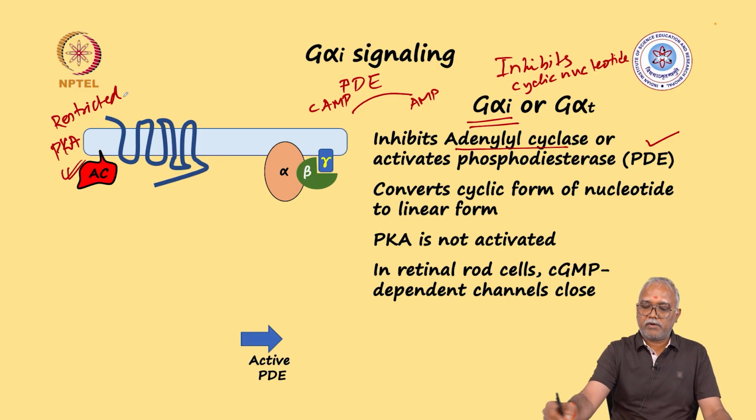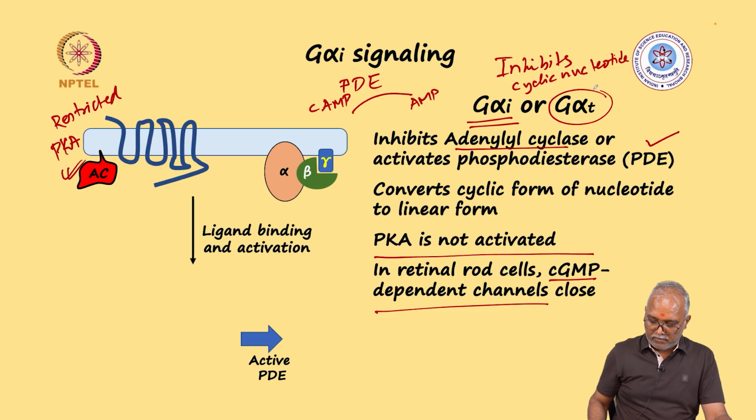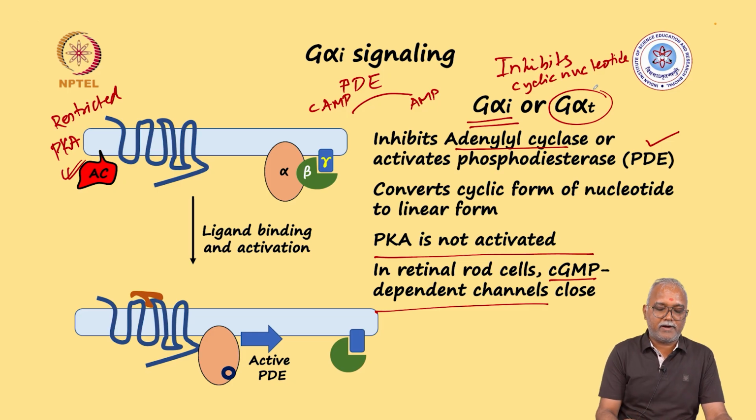Where it works is wherever cyclic nucleotide gated things are working. So, as an example, particularly in our rod cells, cyclic nucleotide gated channels are there, which are affected by the activity of G-alpha T. Normally, in this signaling, ligand binding activates the molecule PDE, phosphodiesterase, and this will have its consequences.